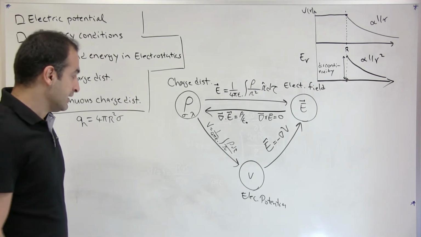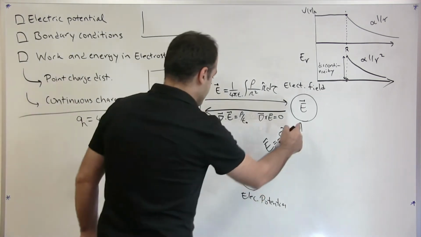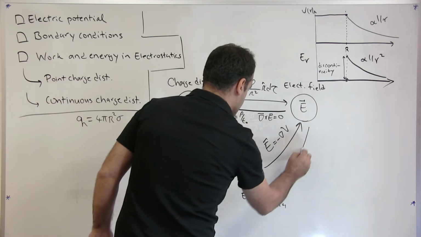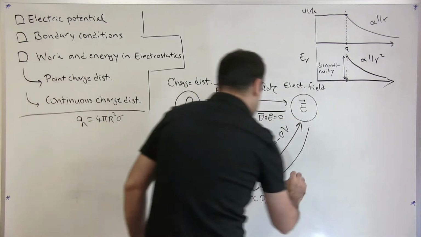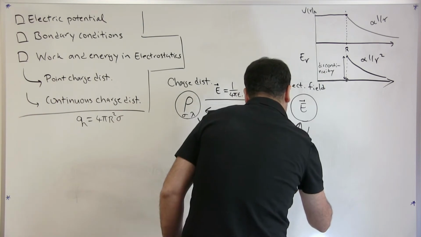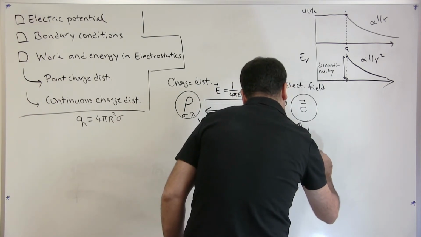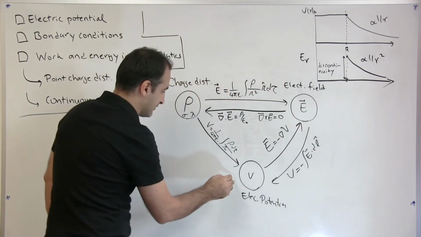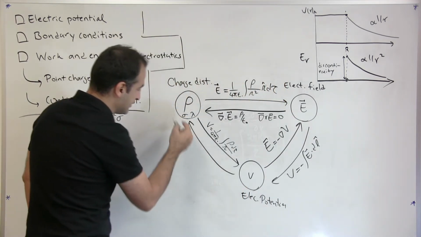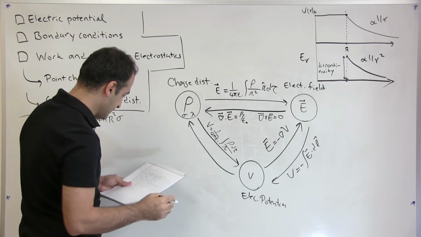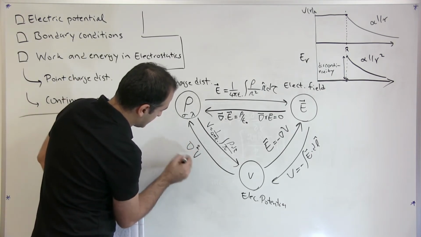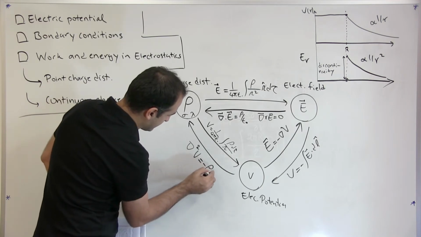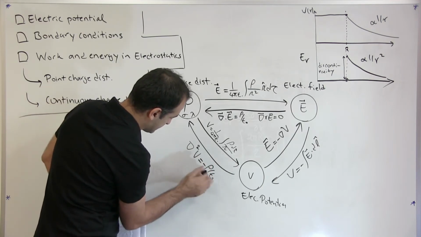Of course, from all of this, you can also go backward. If you have the electric field, you can calculate the electric potential, where V is the negative integral of E dot dl. And from the electric potential, you can calculate the charge density, and that is the Poisson equation, where the Laplacian of V is negative rho over epsilon 0.